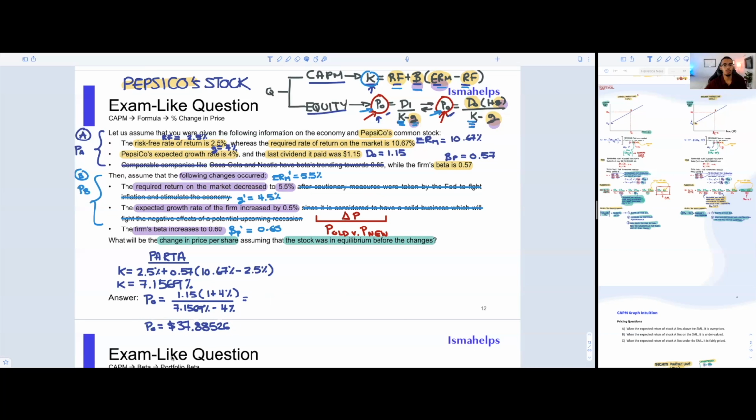Once again, we plugged in all of our stuff to find our K, and we plugged that K into our equity valuation formula. Then we found the price of part A. Amazing stuff. Now, all that we have to do is do that for part B. I know it's a long video, but I'm really taking my time to make sure that you know about every single step you would need to take.